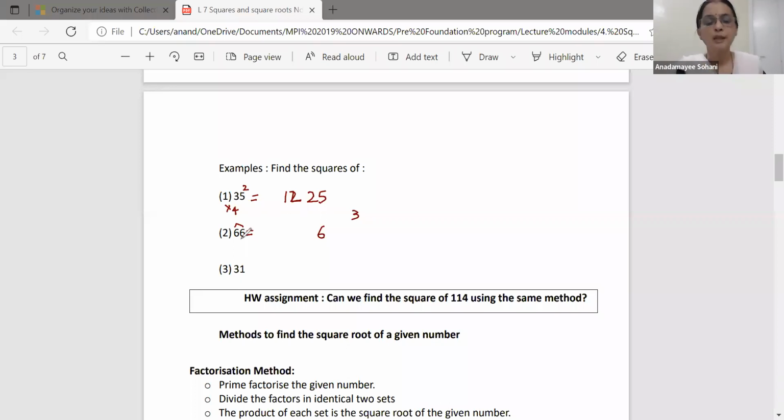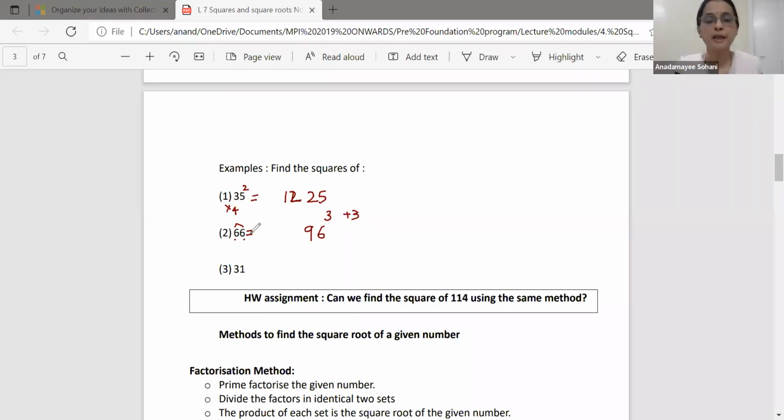6 into 6 is 36 plus 3, whatever I've carried over, gives me 39. I will write 9 over here and again carry over 3. And step 3 is 6 square, which is 36 again. Sorry, I made a mistake in the second step.